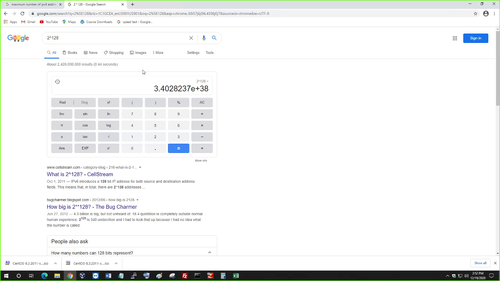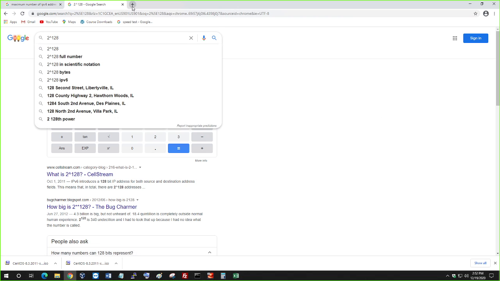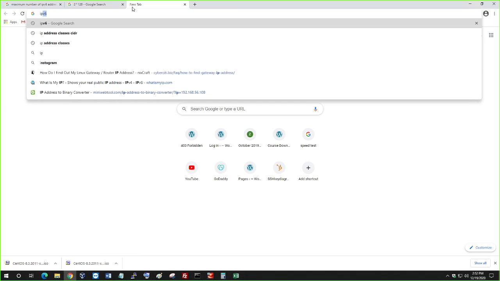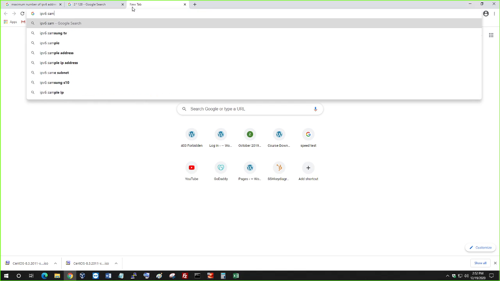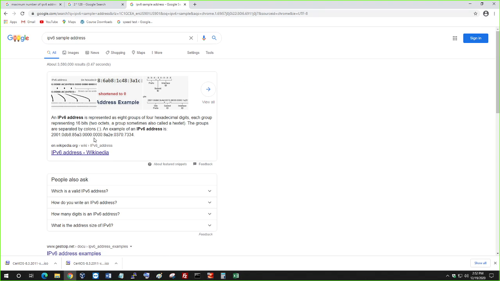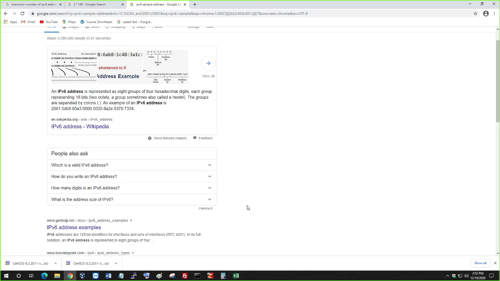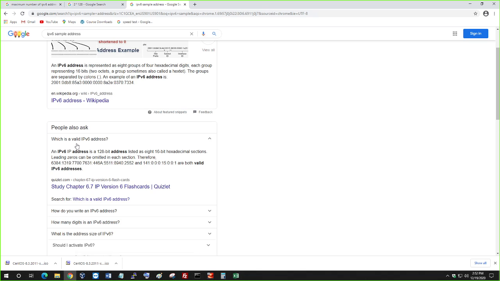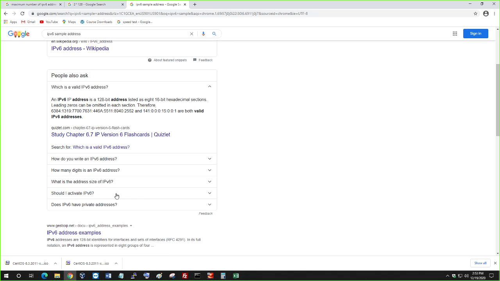Yeah. So that's why if you look at the IPv6 sample address, and this is the IPv6 address here, I'm not even going to go in there.